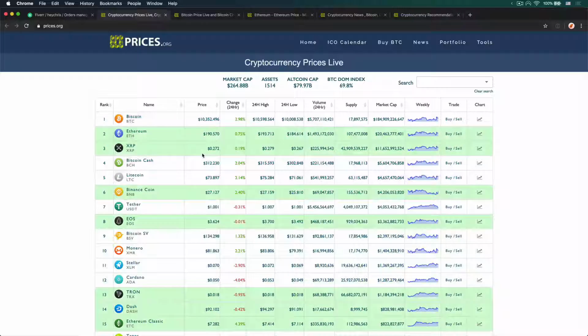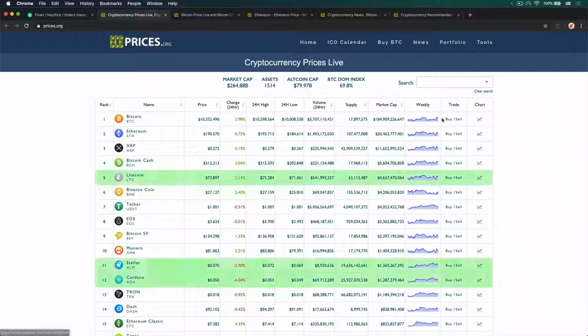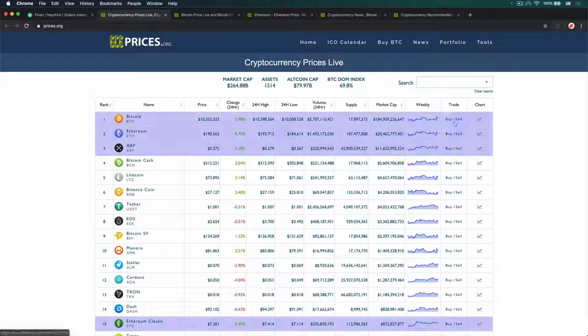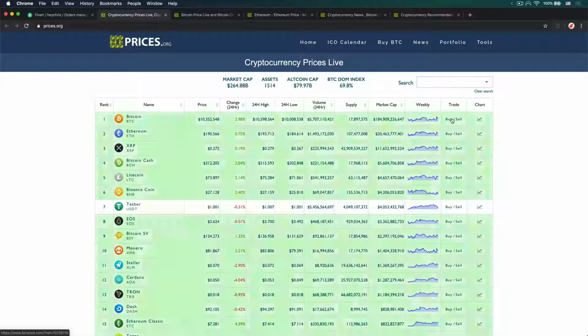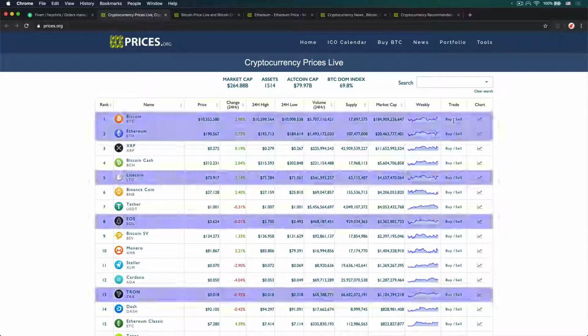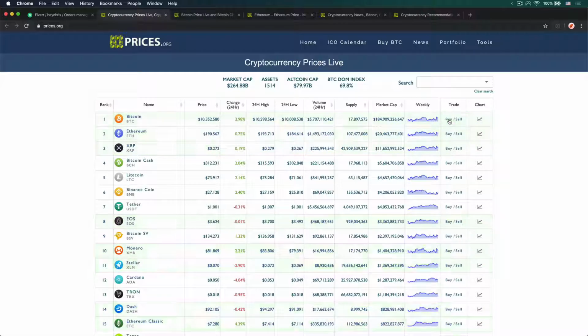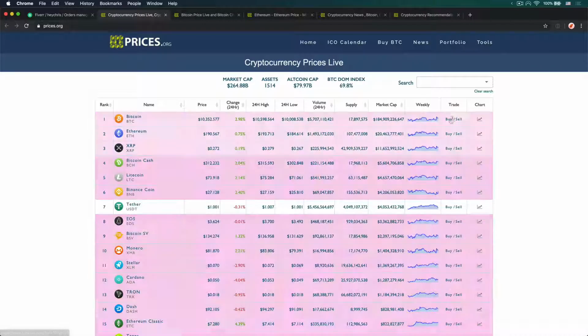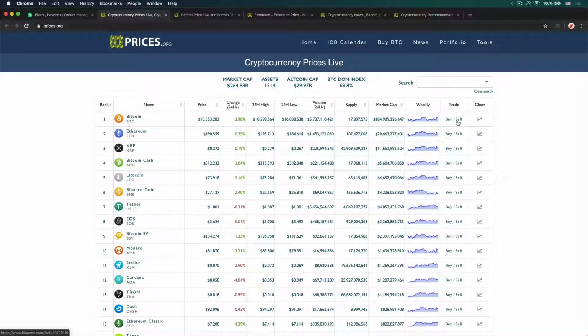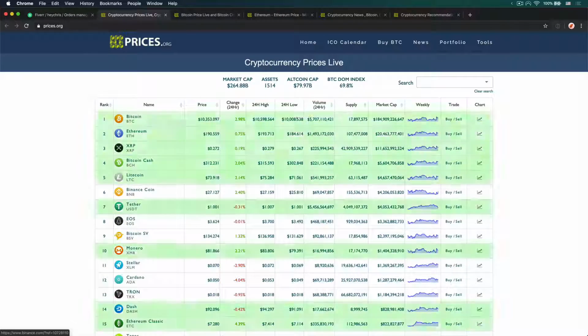Now, you mentioned conversion rate, and I'm guessing that one of the ideas is this trade button right here. And maybe that is something that needs to be more visible, literally like a button. Right now, buy sell doesn't really tell me anything.